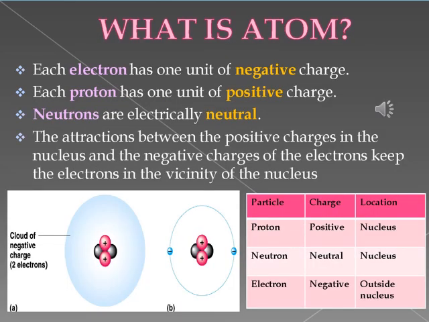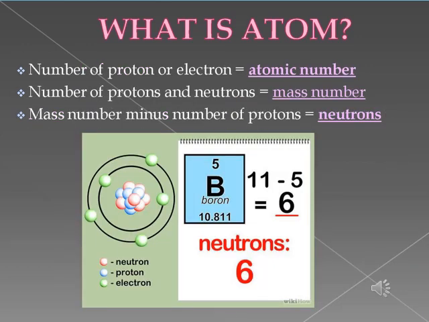Next, the charges of the electrons, protons, and neutrons. Of course, you have learned this one. The proton has a positive charge and is located inside the nucleus. Next, the neutron has a neutral charge, and the electron, which is located outside of the nucleus, has a negative charge.